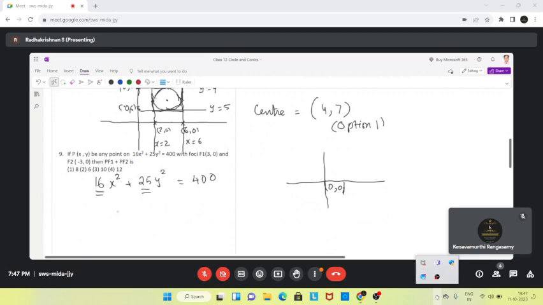This ellipse should be of the form x square by a square plus y square by b square equal to 1, where a and b are the semi-major and semi-minor axes. First of all, we have to bring the right hand side to 1. So we have to divide the whole thing by 400. 16x square divided by 400 plus 25y square divided by 400 equal to 1.